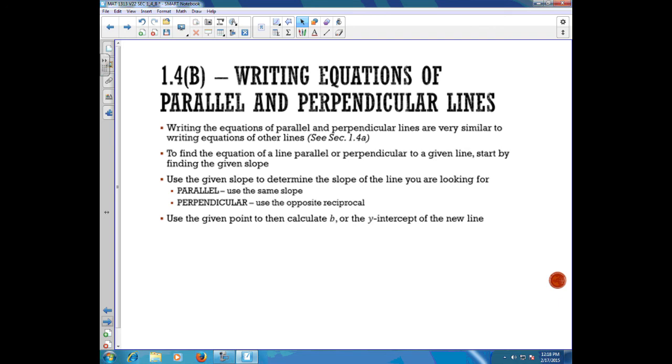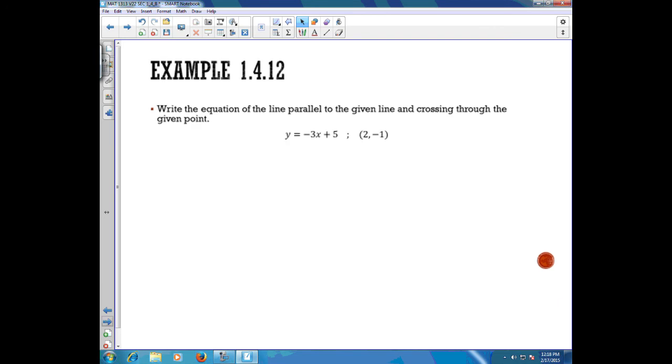So let's try this. We're going to write the equation of the line parallel to the given line and crossing through the given point. So we want it to be parallel to y equals -3x plus 5. That's our given line.